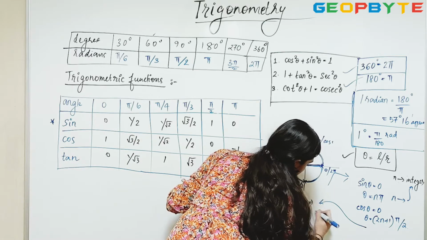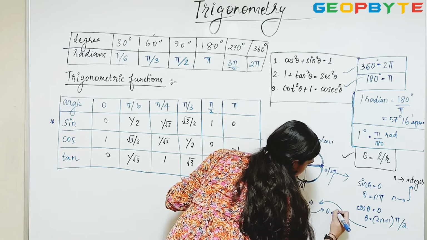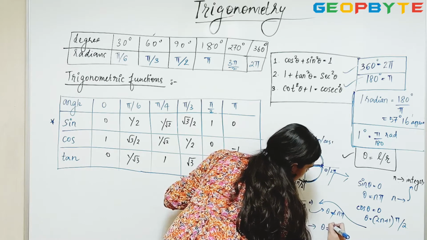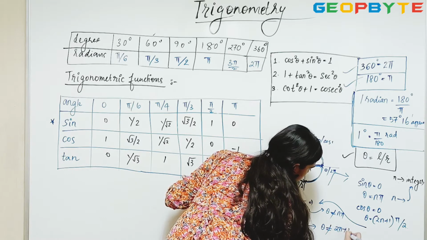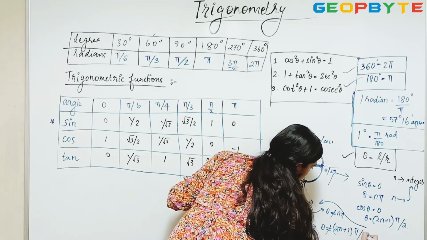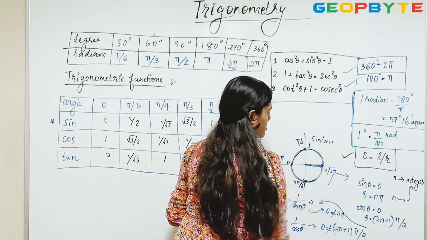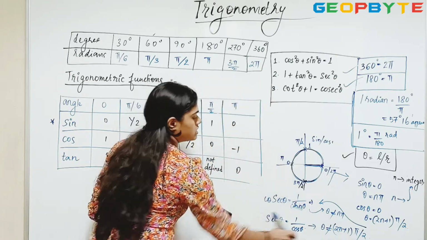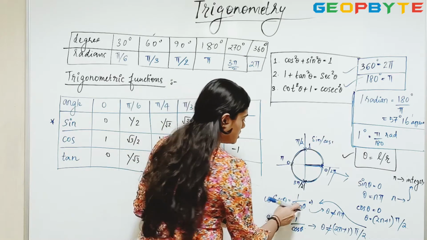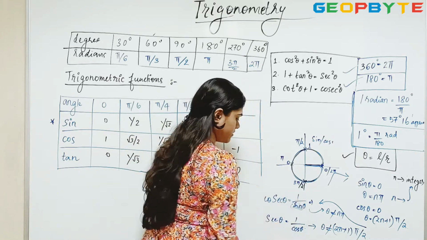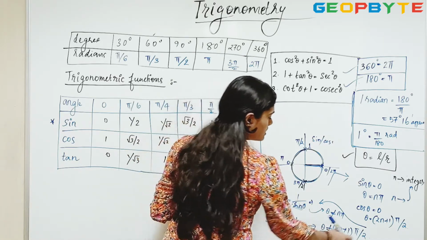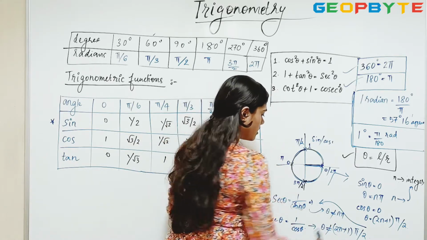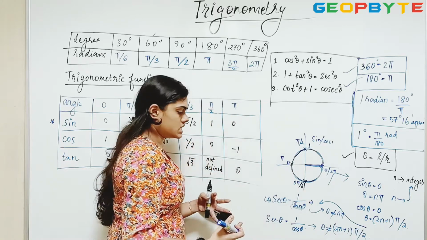So here theta should not be equal to n pi, and here it should not be equal to (2n plus 1) pi by 2, because whenever it takes the value (2n plus 1) pi by 2 or n pi, the denominator becomes 0 and the function is not defined. If this is 0, 1 by 0 is not defined. So it cannot take the values n pi and (2n plus 1) pi by 2, but other values can be taken, where n is an integer.